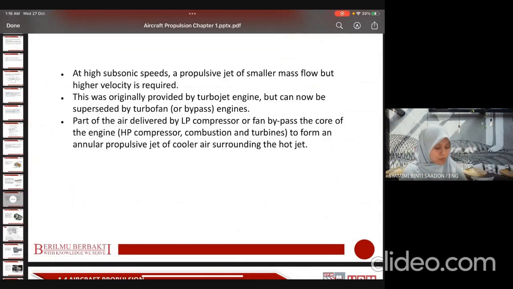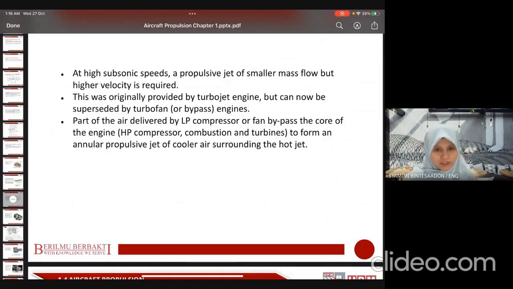Turbojet is used mostly to achieve high speed of aircraft. But now we can also use a turbofan, by adding a bypass duct, right?